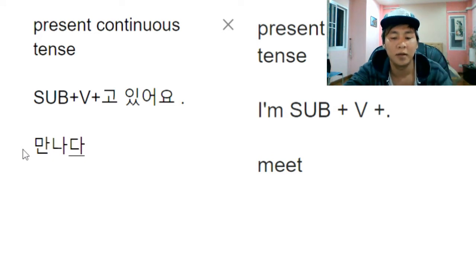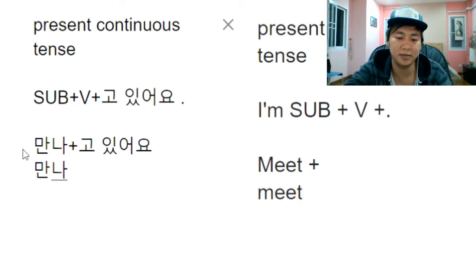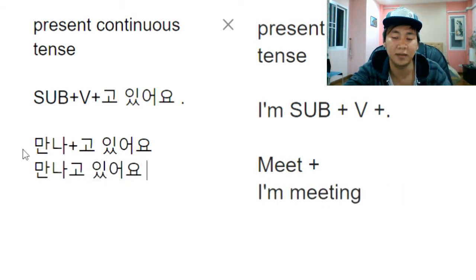Okay, you need to remove 다 and add 고 있어요. 만나고 있어요. I am meeting.